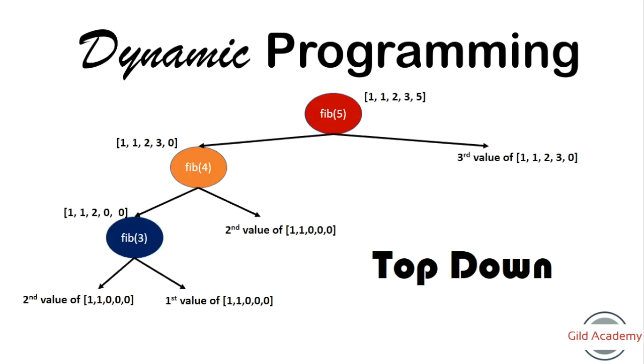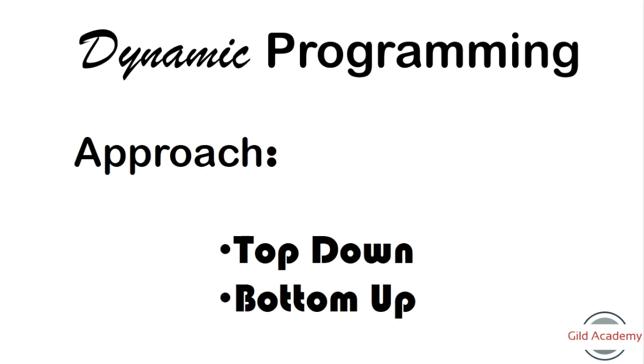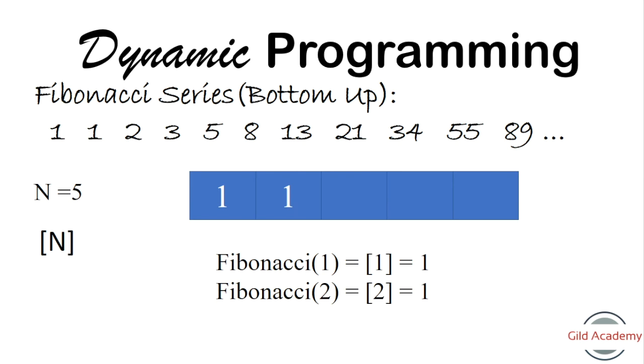There's another approach which is known as the bottom-up approach. In the bottom-up approach, we begin with the most fundamental problem statement and then we build upon them in order to find the solution of the actual problem that is provided to us.